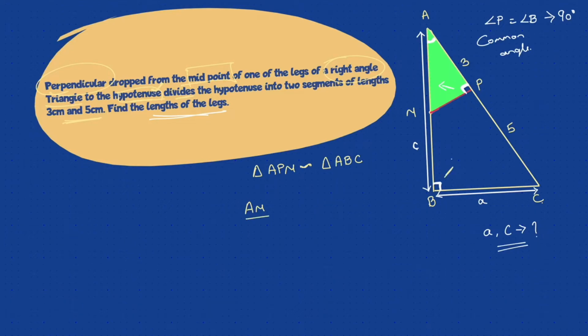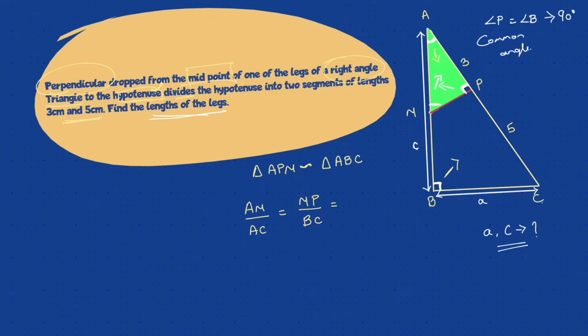What is the side opposite to 90 degrees in APM? AM. So AM, and opposite to the 90 degree angle B is AC. So AM upon AC. I am writing the result of similarity now. Now the side opposite to the common angle in the smaller triangle is MP, and in ABC it is BC, right?